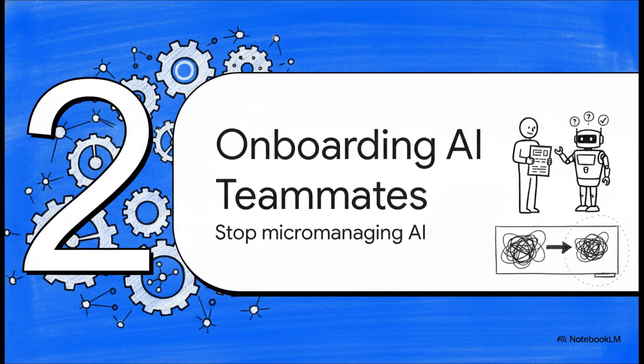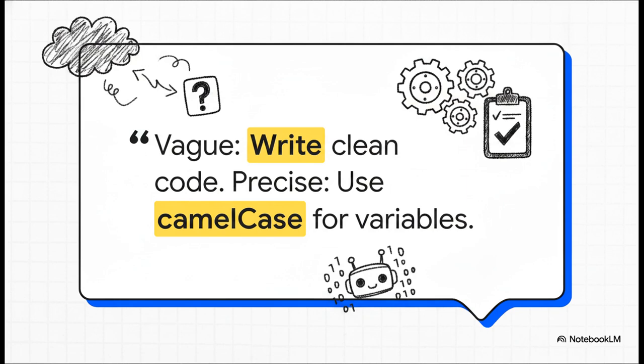Which brings us to Section 2, onboarding your AI teammate. Because it's time to stop micromanaging your AI. Think about it. Just like any human developer joining your team, this AI needs to be onboarded properly. If you give vague instructions, you're going to get vague results. Telling an AI to write clean code is basically useless. It's just going to hallucinate its own interpretation of what clean even means.